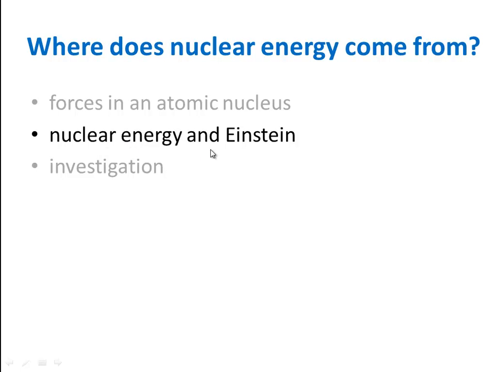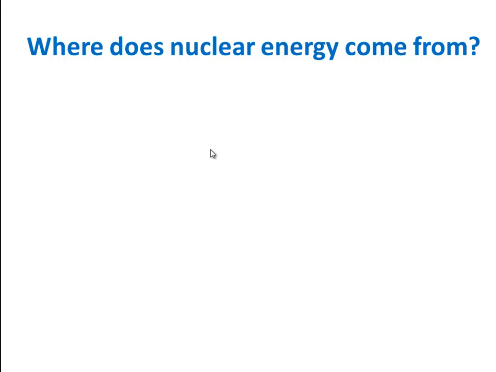And so now we're in a position to delve a little more deeply into that, and talk about Einstein's contribution to this whole thing. All right, so consider again this atom of helium-4. Remember, in this isotope notation, the superscript is the mass number, that's just the total protons and neutrons, and the subscript is how many protons are in the nucleus.